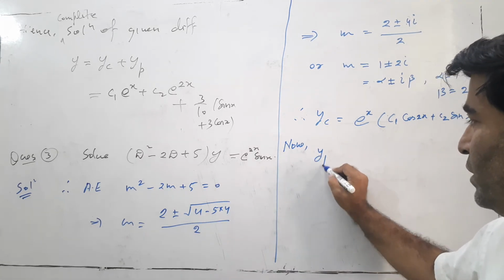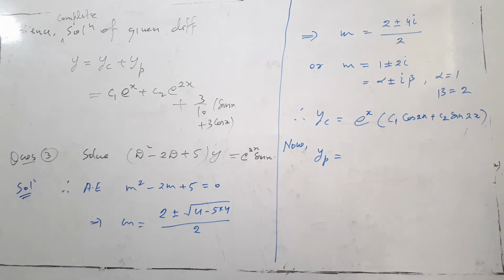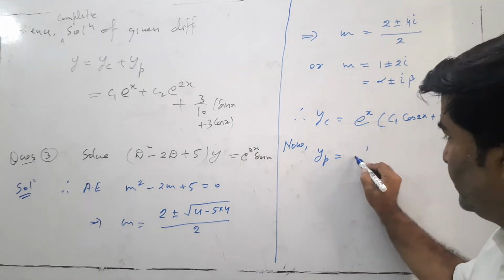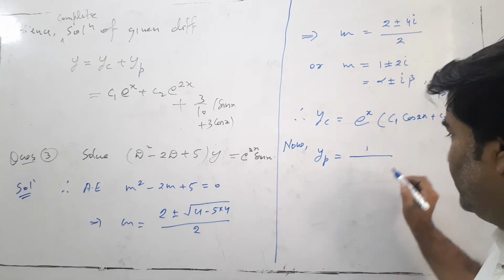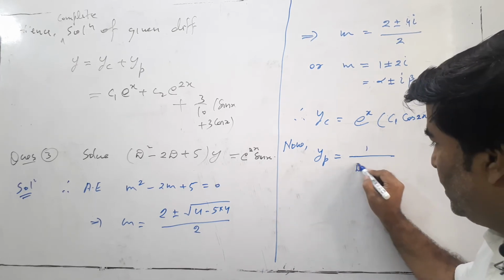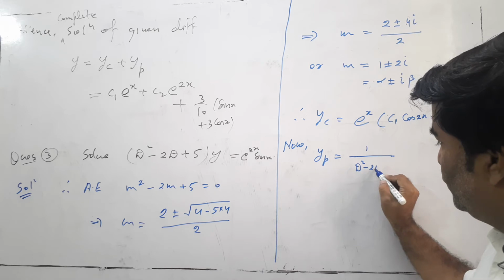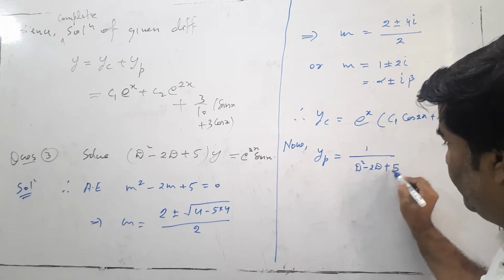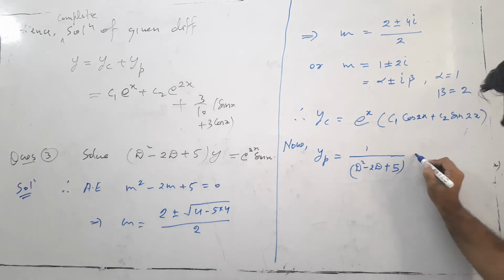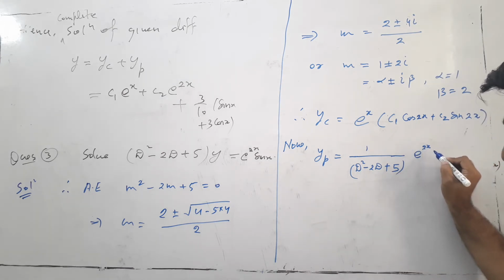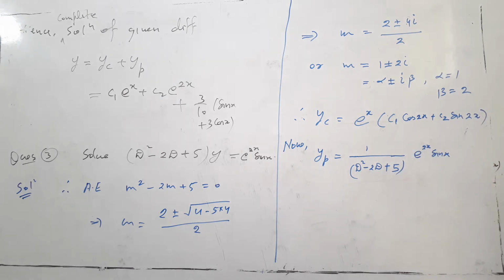We know that the particular integral is defined as 1 upon D square minus 2D plus 5. This is an operator. We operate on e to the power 2x sin x.